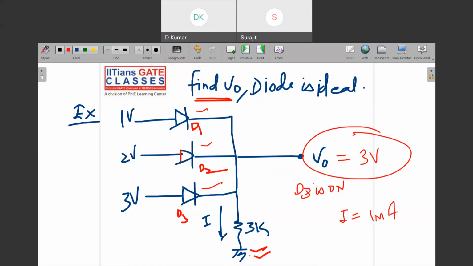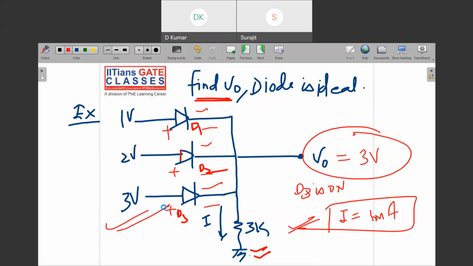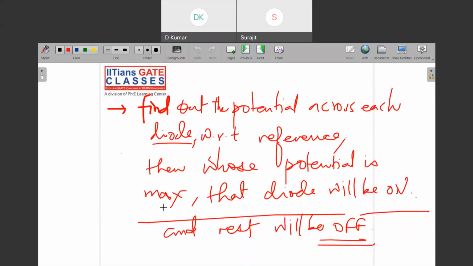Any problem? V naught is 3 and I is 1 milliampere. You don't have to find anything else. The potential across D3 is high, that's why D3 is on. This is the procedure I am telling you.